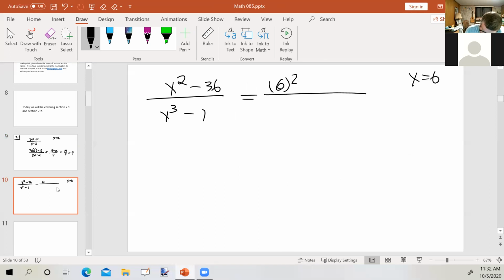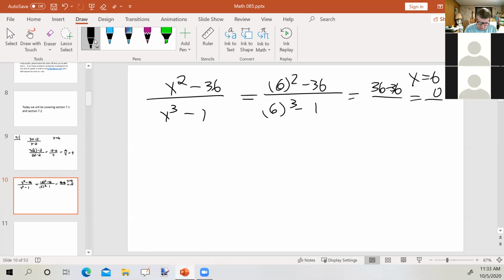So we'd have 6 squared minus 36 over 6 cubed minus 1, which is 36 minus 36, which is 0, over, let's see, 6 cubed is 216. Is that what you said? Yes, from my calculator.